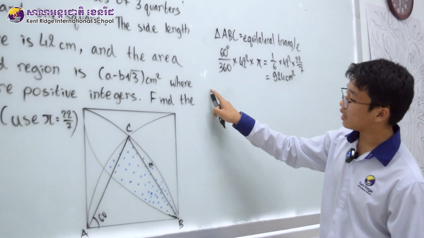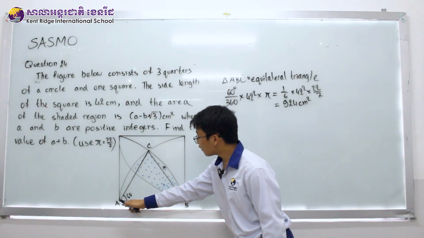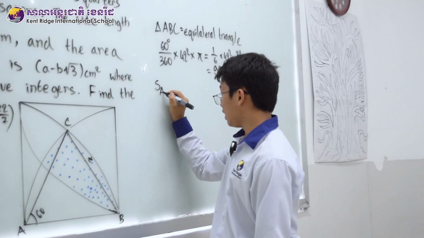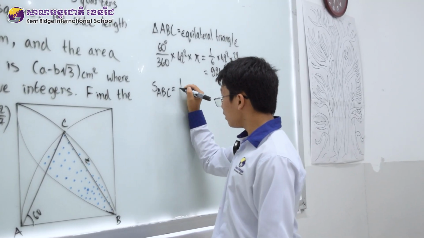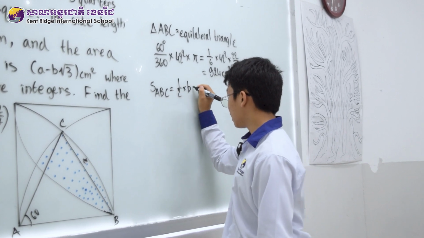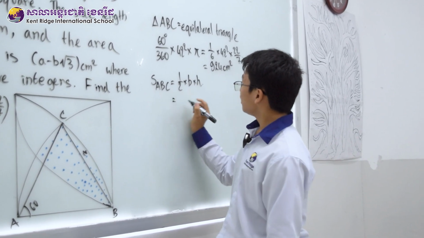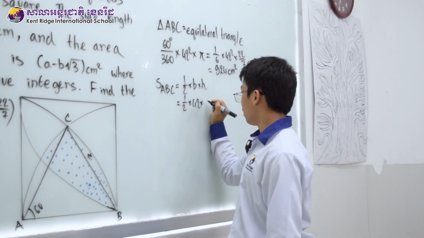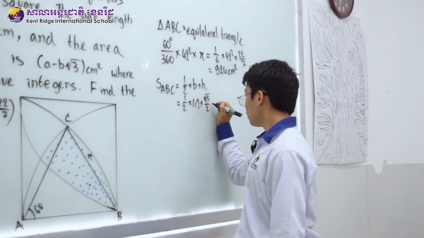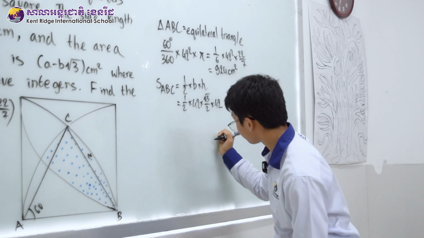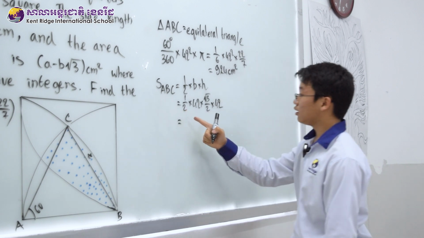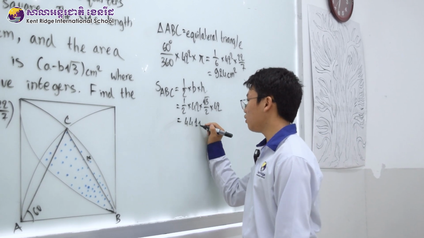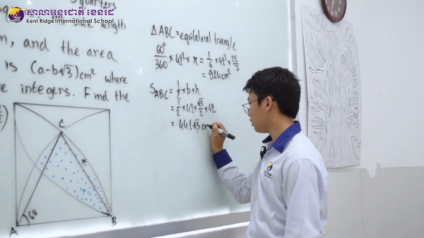So now that we've found the area of this quarter circle, we'll have to find the area of triangle ABC. We'll write it as S ABC equals 1/2 times base times height. The height of the equilateral triangle will be square root of 3 over 2 times this 42, which when we do the calculations, we'll get 441 square root of 3 square centimeters.